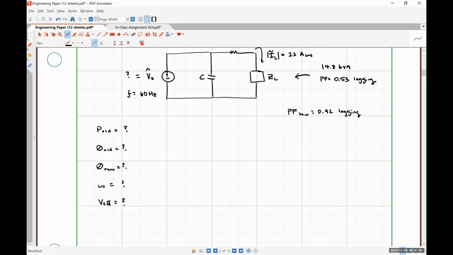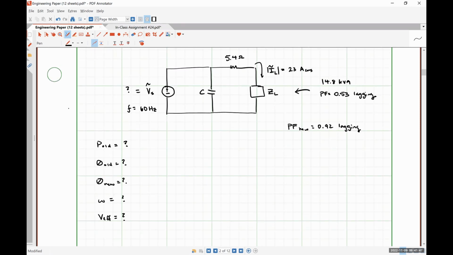Okay. So with the information that's presented to us, the only things that we can glean here easily are omega, because we know F, and theta nu. So omega is going to be 2 pi F, or 120 pi radians per second.